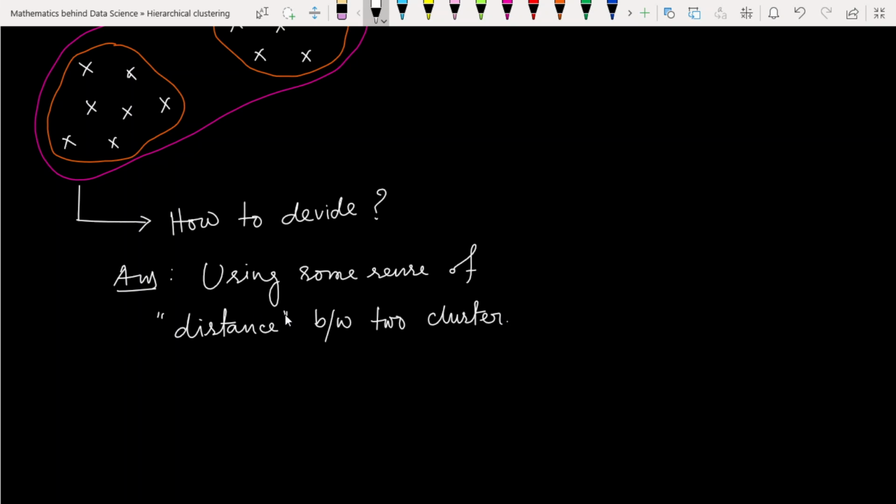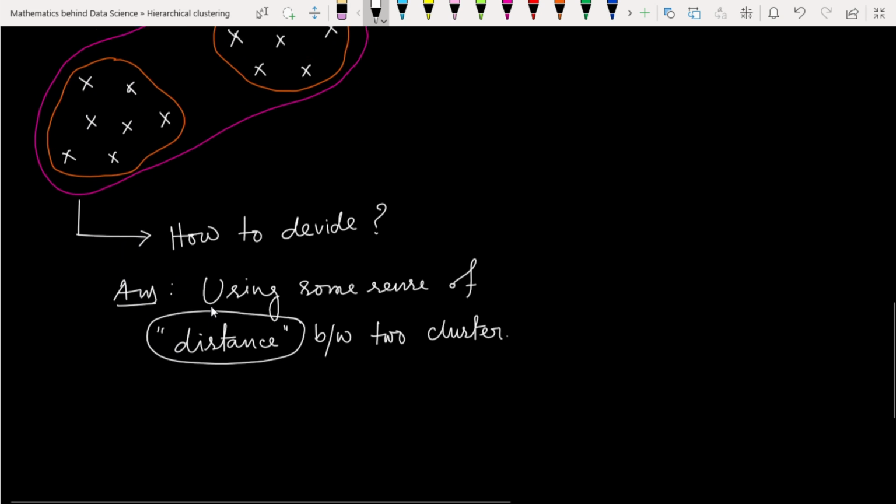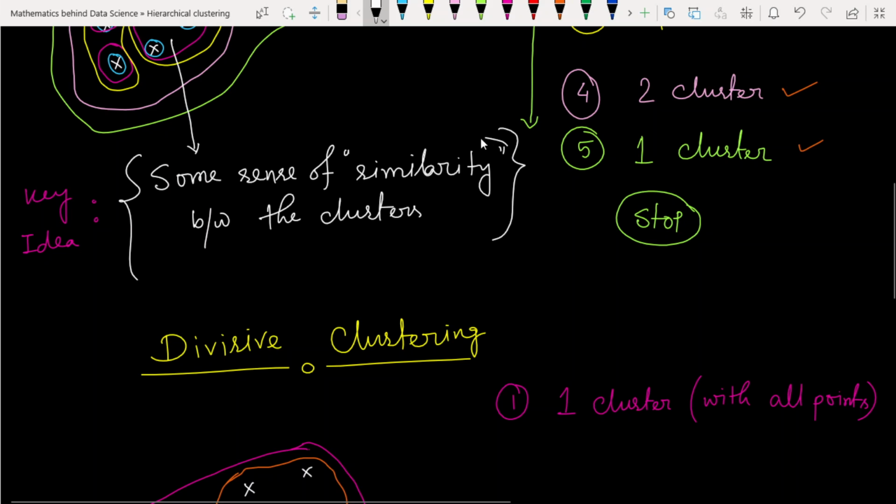In agglomerative, we use the similarity concept.